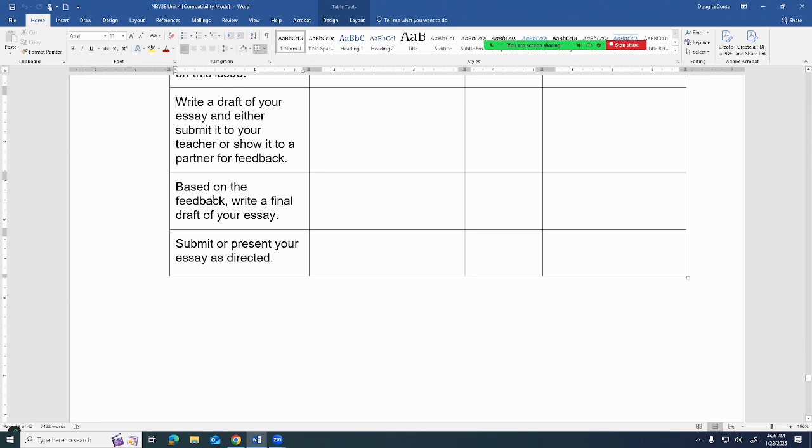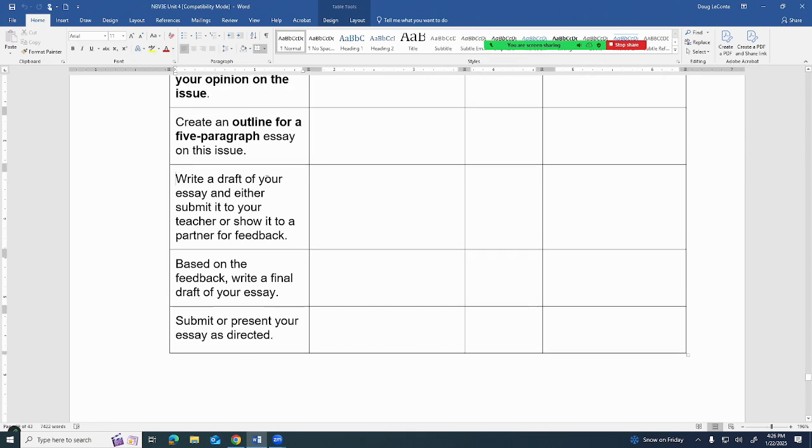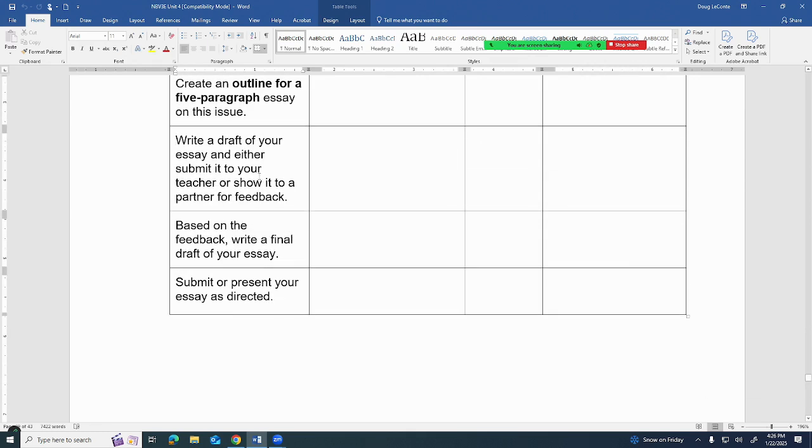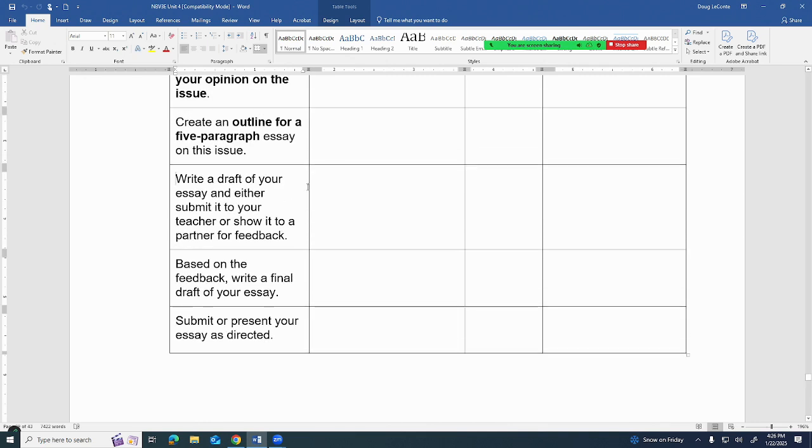Based on the feedback, write a final draft of your essay. And as you're doing that, you can start looking at the grammar in your essay, your spelling, right? This is the editing. So the revision part is changing the structure of your sentences, moving your sentences around, and then you have to look at the grammar and make sure your spelling is correct.